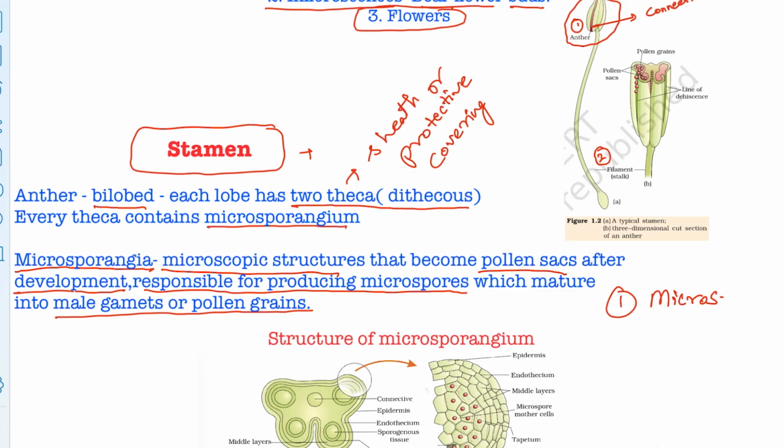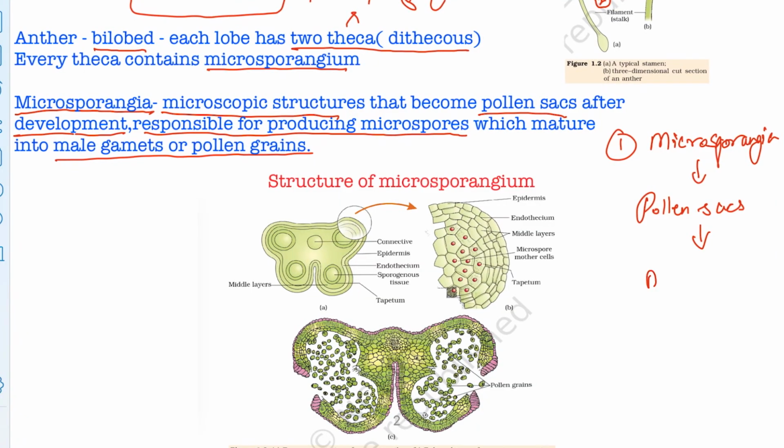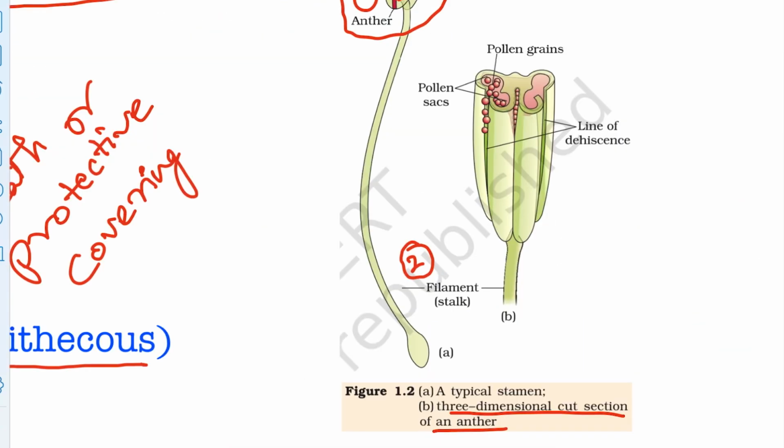First, microsporangia are formed, then pollen sacs are formed, then they produce microspores, and finally through microspores pollen grains are formed, and pollen grain represents what? Male gametes.